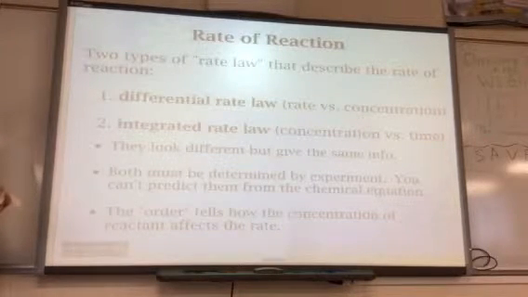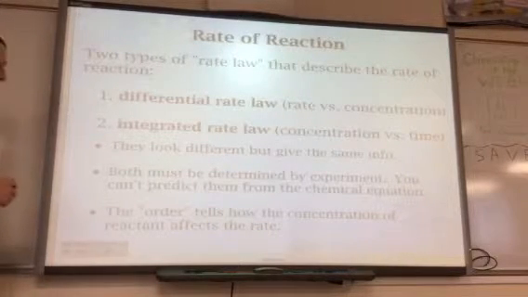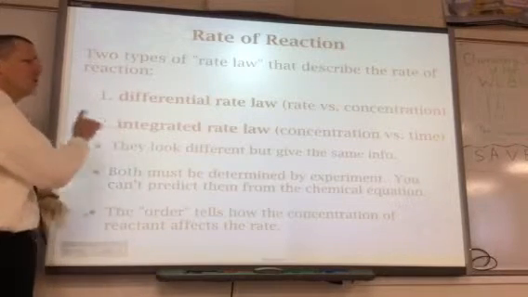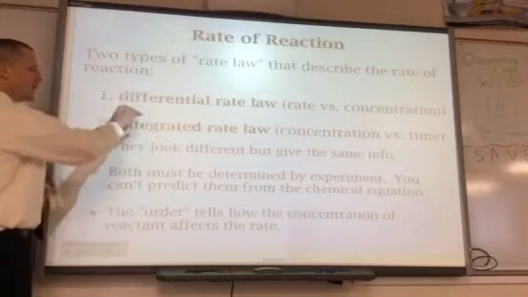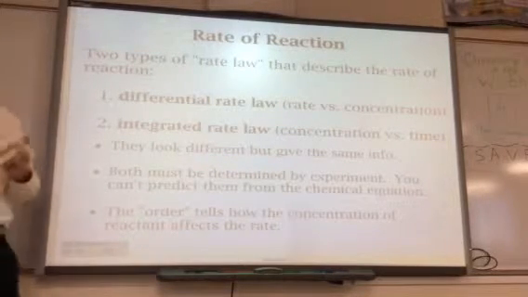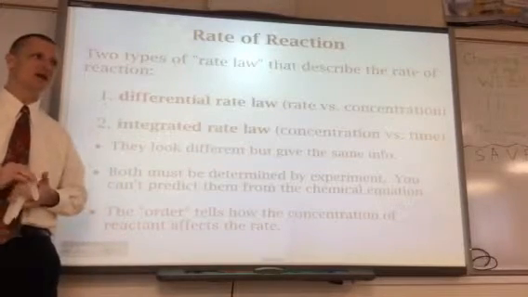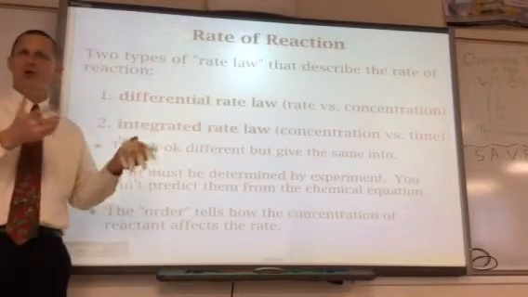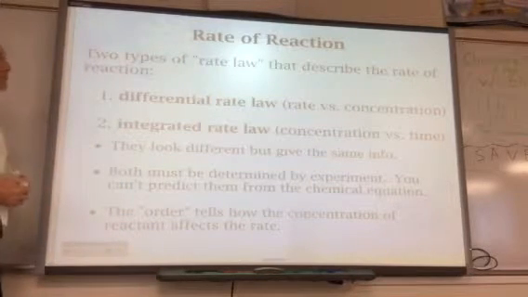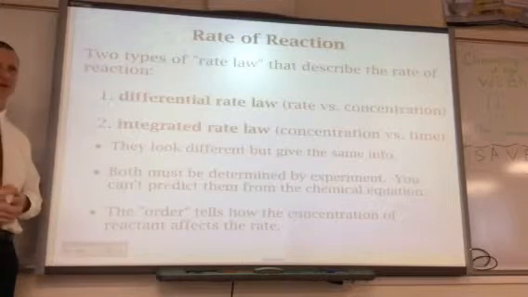If you have a highlighter, or maybe a different color, this middle one of the 3 bullet points, both must be determined by experiment. You can't look at a chemical equation and know anything about the differential or the integrated rate law. You have to run the experiment lots of times, changing the concentrations of the reactants to figure out the pattern, the relationship between concentration and the rate of the reaction.